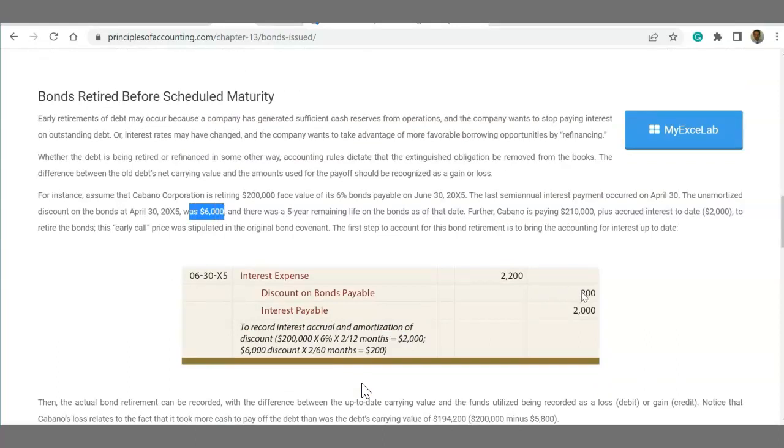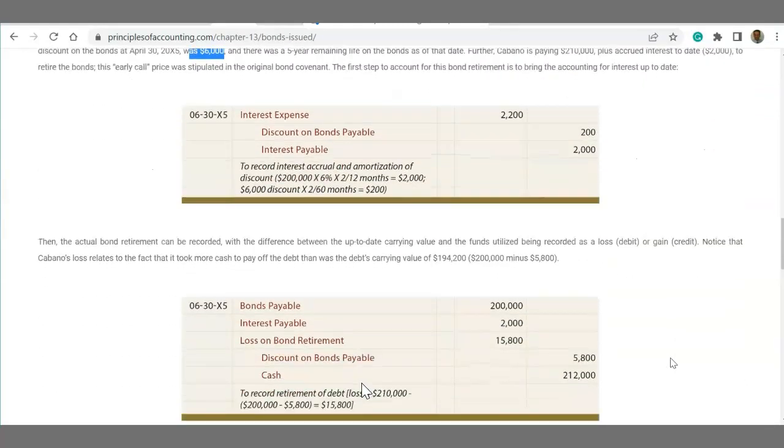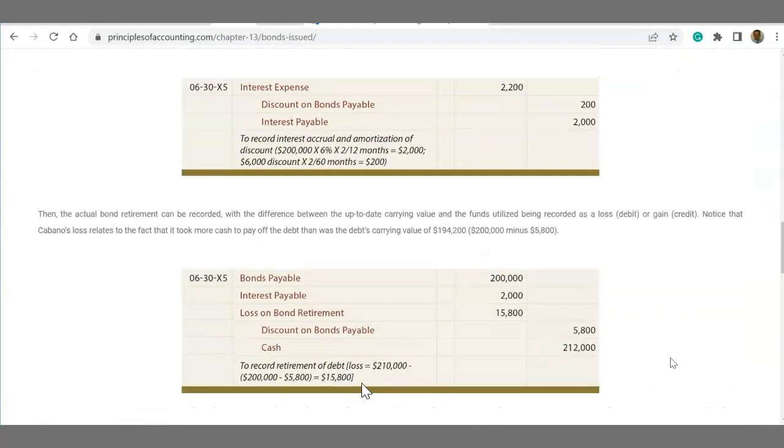The bond here says unamortized discount was $6,000, remember? But here we already amortized it for 2 months, which came from 2 out of 60 months of a five years bond. 2 months out of 60 months gives us $200 to amortize. That's close enough. At this moment, we don't worry about effective interest method or straight line.